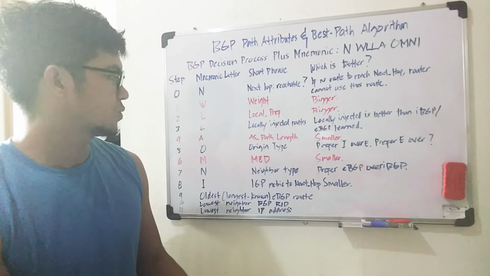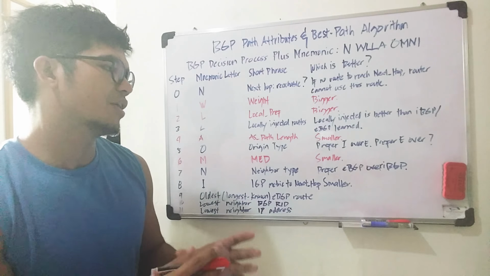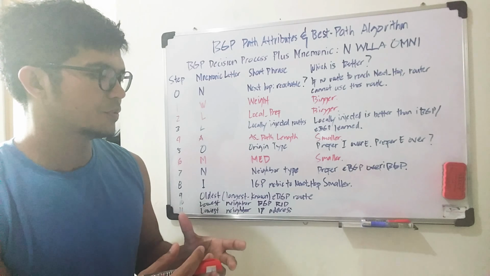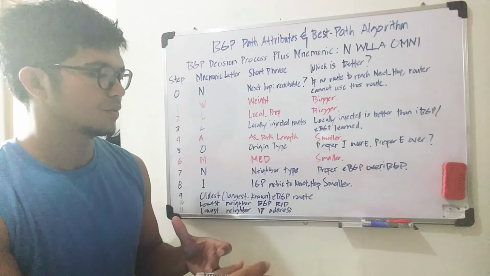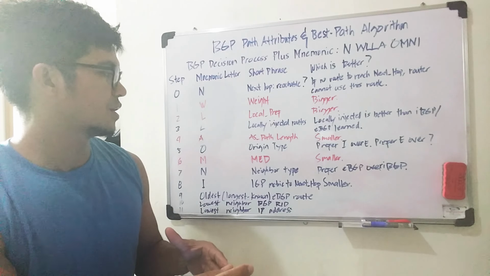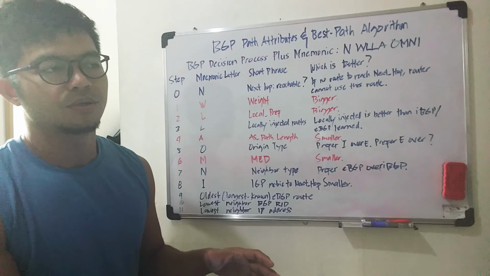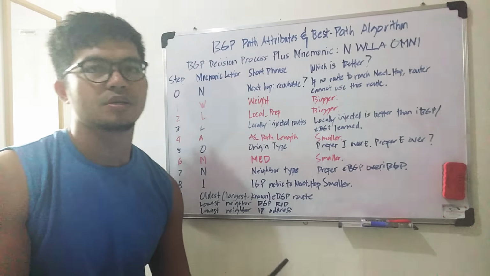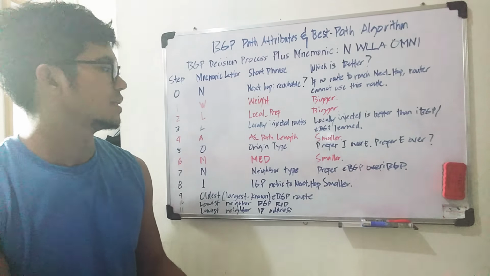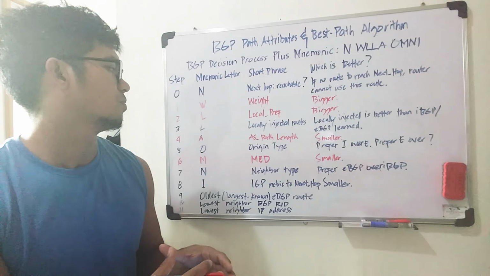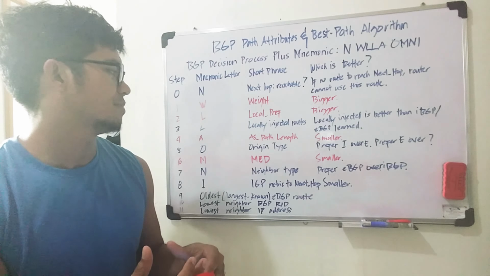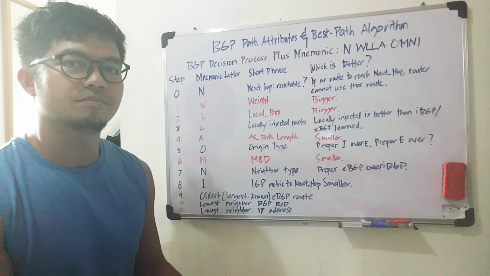And MED is used if you have a router with 2 connections to the ISP inside a single AS.